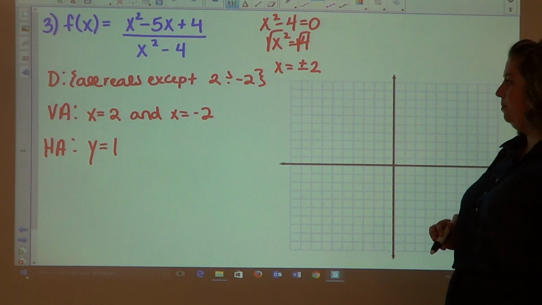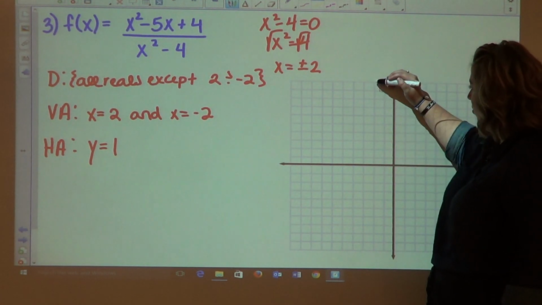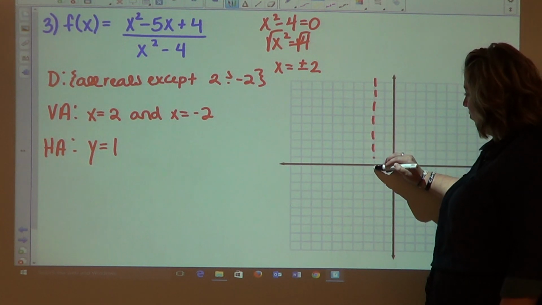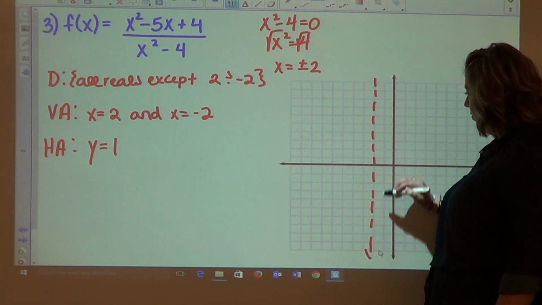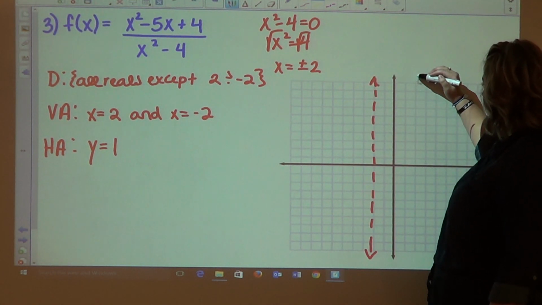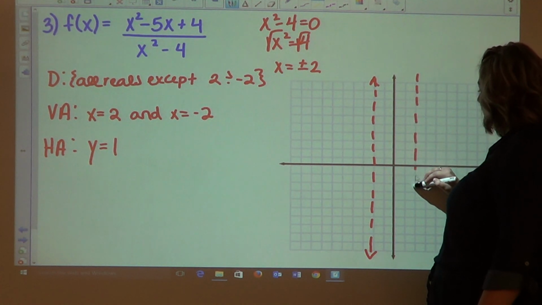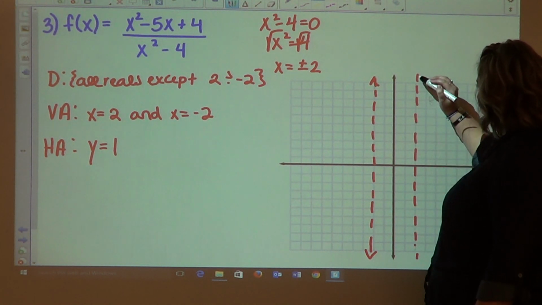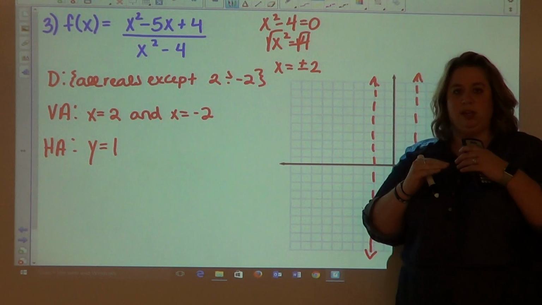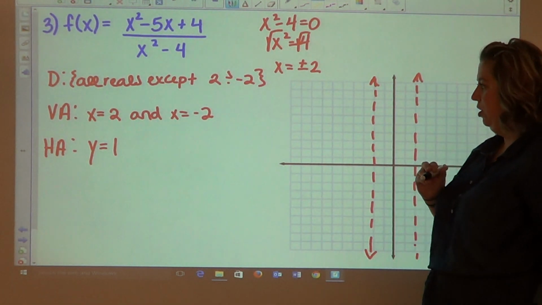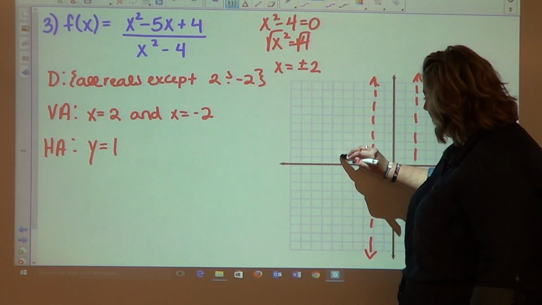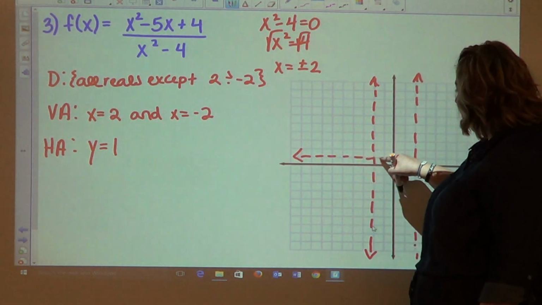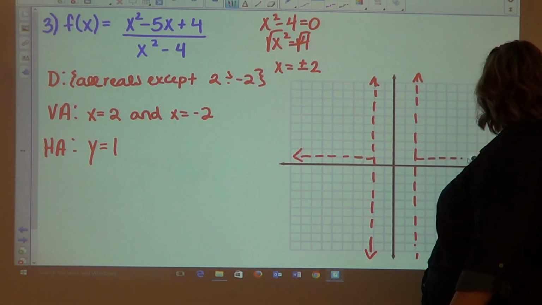Okay, when I'm graphing my asymptotes, verticals, I have -2 and 2. When you do your horizontal, the inside part doesn't have a horizontal asymptote. So when you have y equals 1, that dashed line does not exist in the middle.